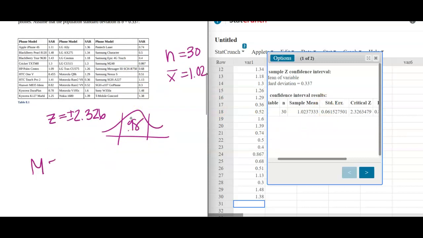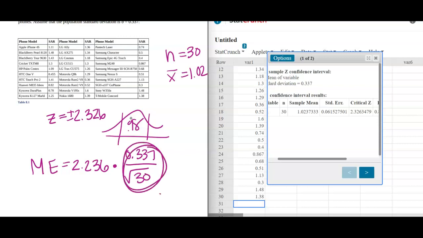Now, the margin of error calculation would be that z-score times the standard deviation over the square root of n, where this number is 0.0615.